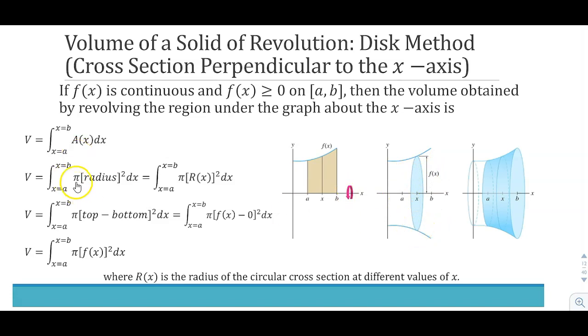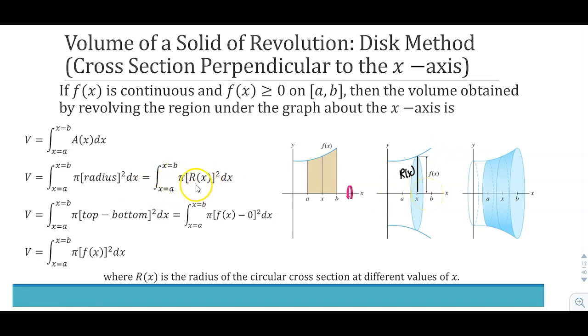So the area of a circle is pi times the radius squared. So the radius needs to be a function of x. So here, this is going to be my r of x. So notice that it's obtained by doing top minus bottom. So the top function is f of x, and the bottom is the x-axis, which is just y equals 0.